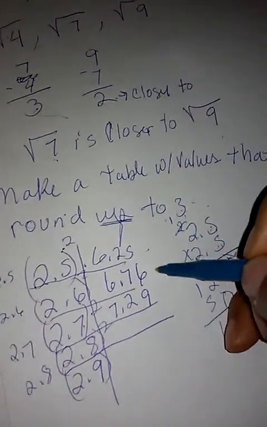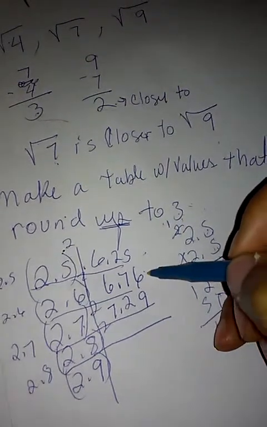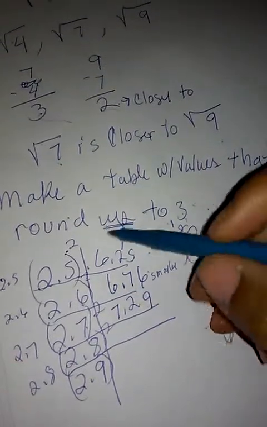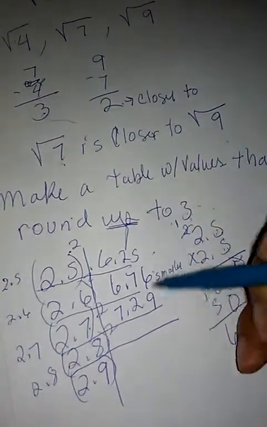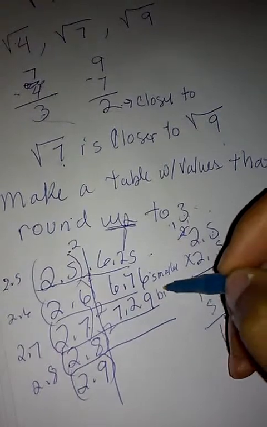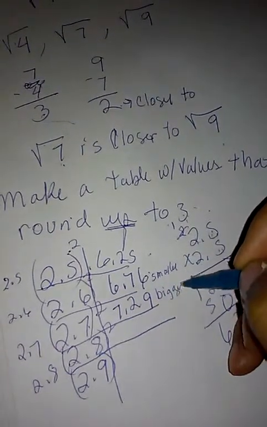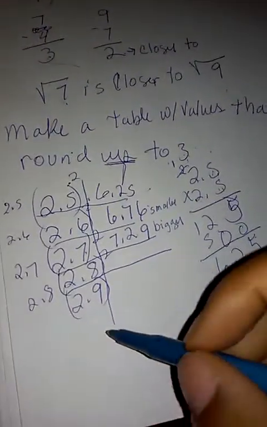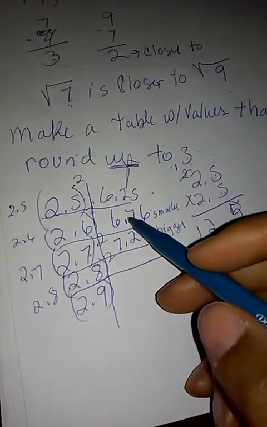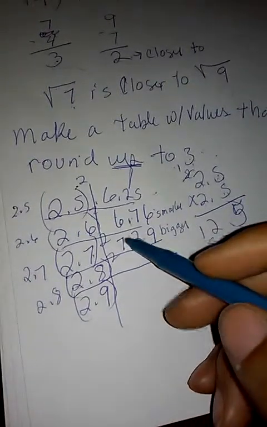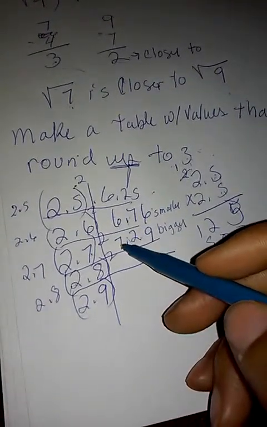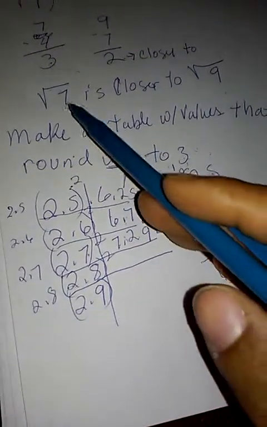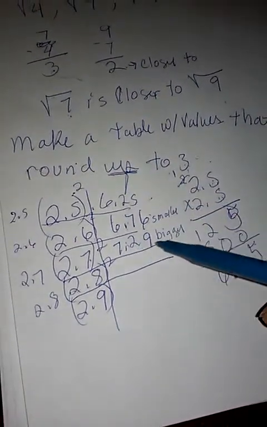So here is my number that's a little smaller than 7. And here's the number that's a little bit bigger than 7. So now we need to know which one of these it's closer to. Is 7 closer to 6.76 or 7 closer to 7.29?